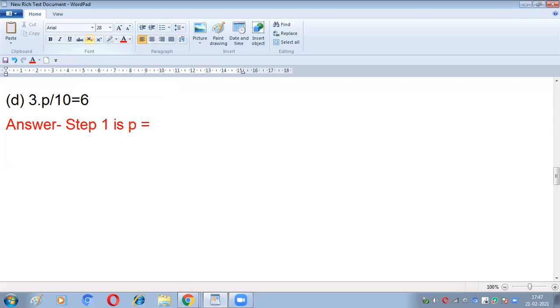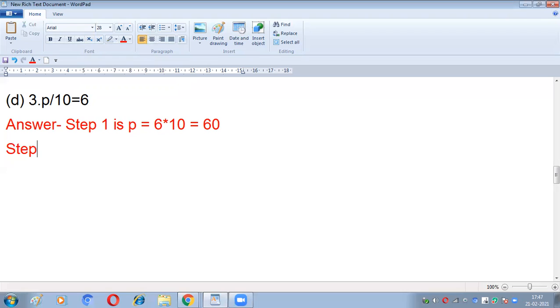So P is equal to, first of all we have to shift 10 to the right hand side. So this will be 6 multiplied by 10, which is equal to 60. This is our step 1, and our last result is 60.